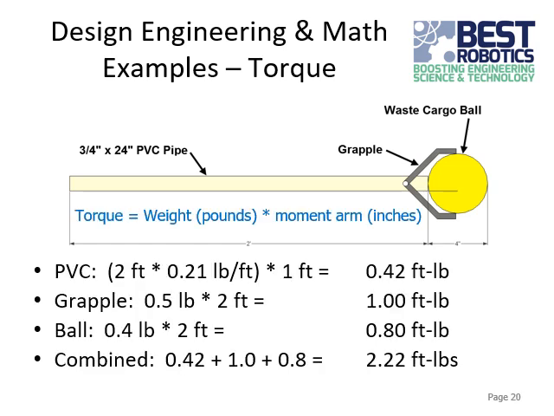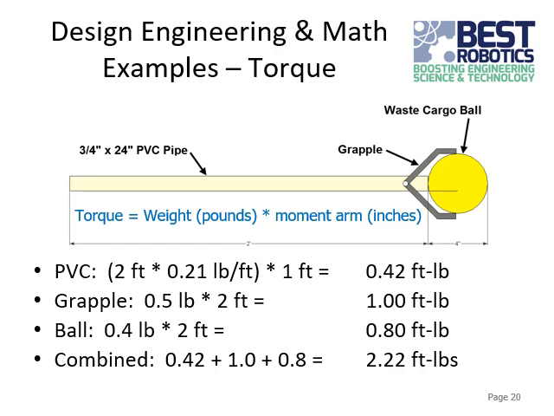So to get the torque required for each piece, it's the weight of the piece times the length away from the axis that it is. So for the PVC pipe, that's 2 feet, so that's 0.41 pounds.